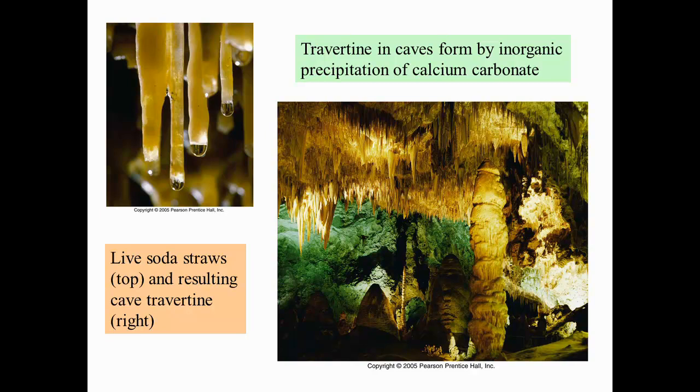And over many thousands to millions of years, we end up with these spectacular cave deposits to the right within limestone caverns, simply resulting from the inorganic precipitation of calcium carbonate.